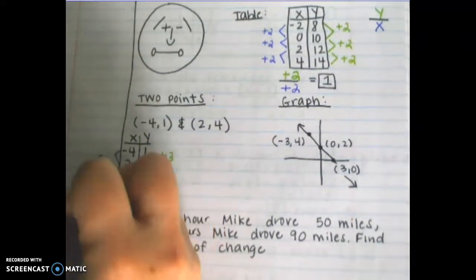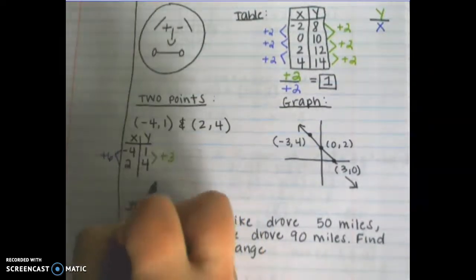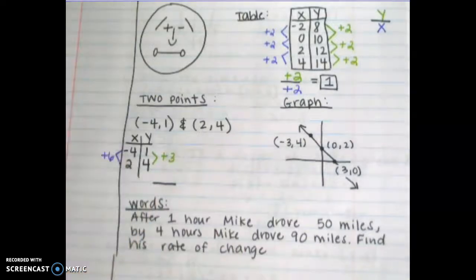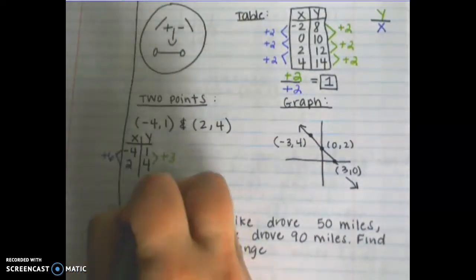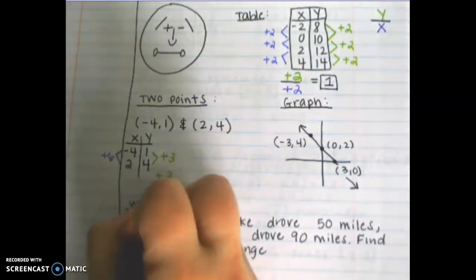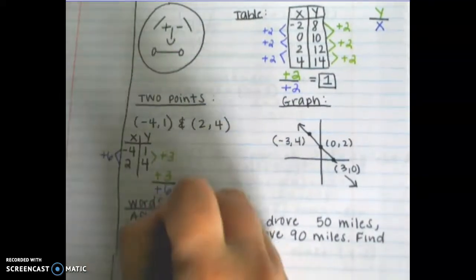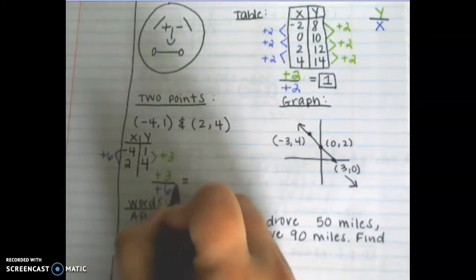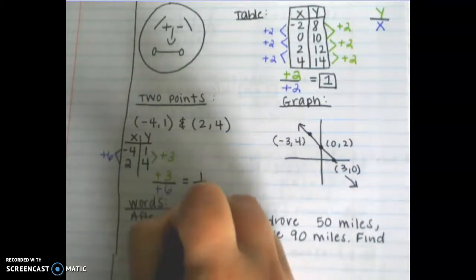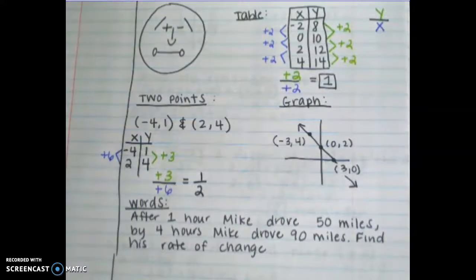So -4 plus 6. All right, and again, we do the y change divided by the x change. So my y change is up 3. My x change is up 6. And if I reduce that, I can divide both of those numbers by 3, and that would give me 1 over 2. So that's one option. You can just stack them and do it just like a table problem.